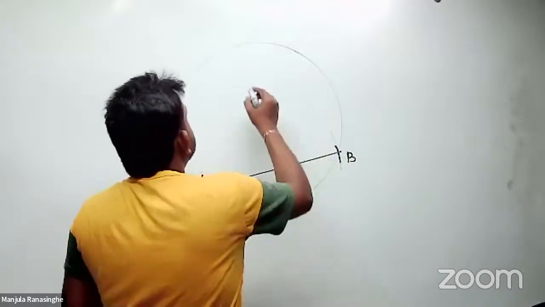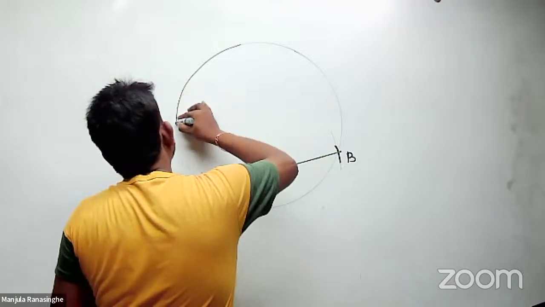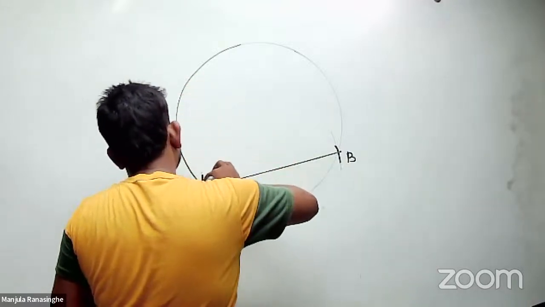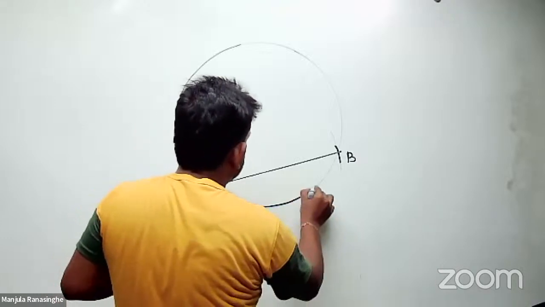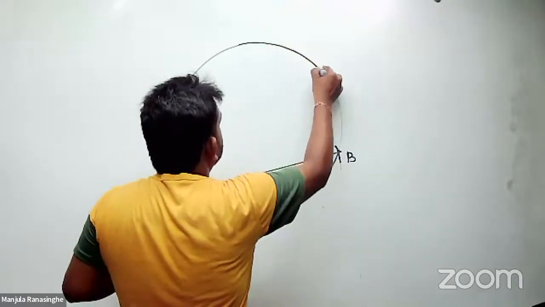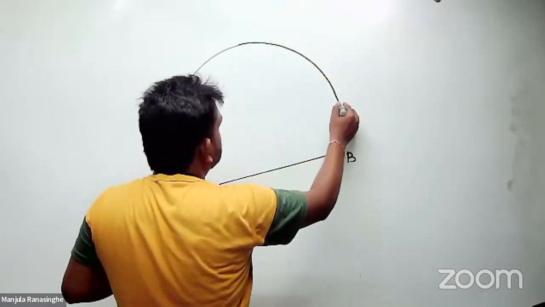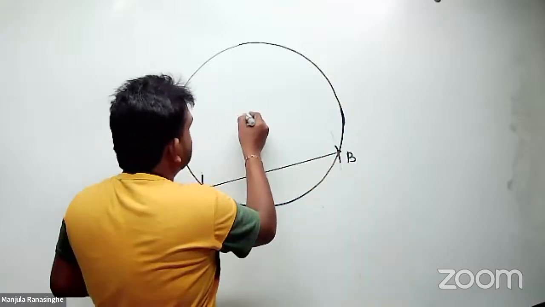Fine. So this is the circle I drew. See the circle clearly, which I have drawn. Okay, this is the center.